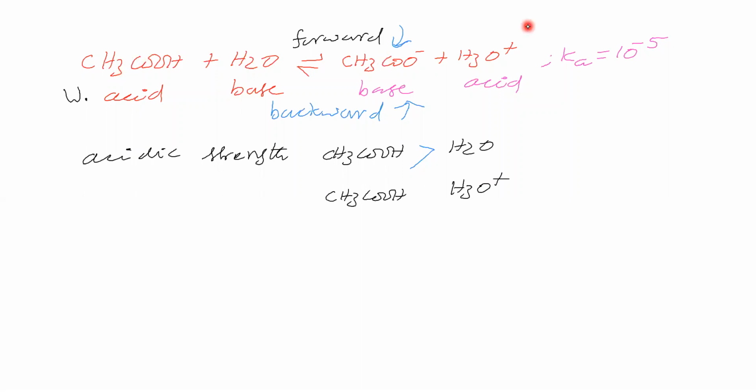Therefore, the acidic strength of acetic acid is less than hydronium ion. If the acidic strength is greater than water but less than hydronium, then that acid is a weak acid. So weak acid means that acidic strength is greater than water but less than hydronium ion.